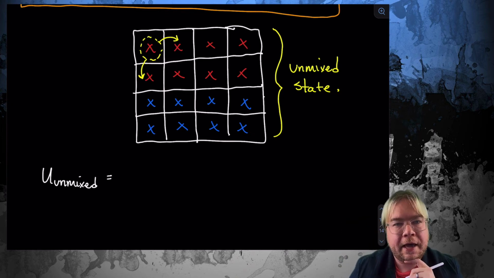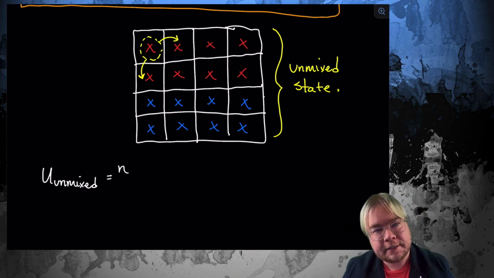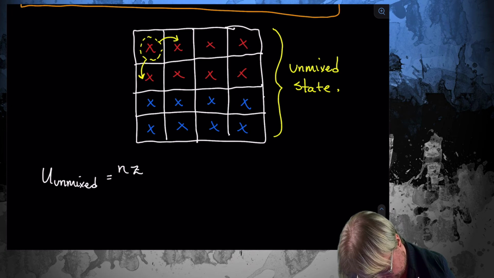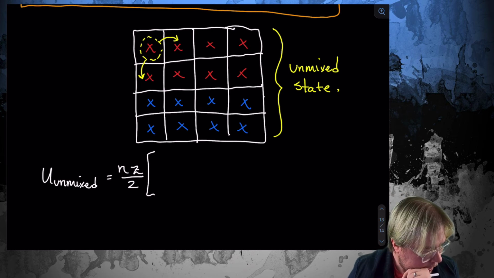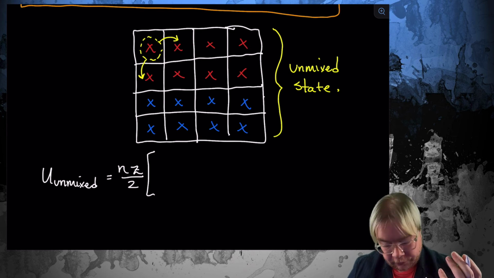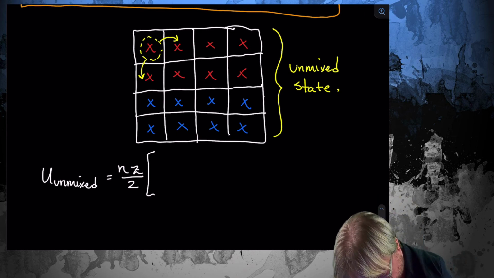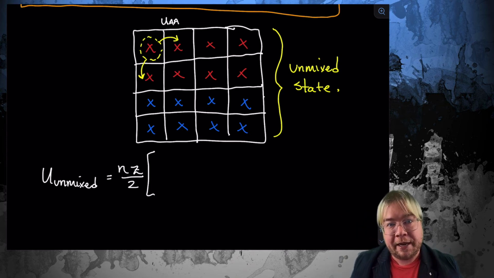So for the A particles, if we look at the energy of the unmixed state, well, we're going to have the number of total lattice sites times the coordination number divided by 2 to eliminate double counting. And then what's the only interaction strength? The only interaction strength that's possible in the A state is UAA, because they're demixed from each other and there are no B neighbors.